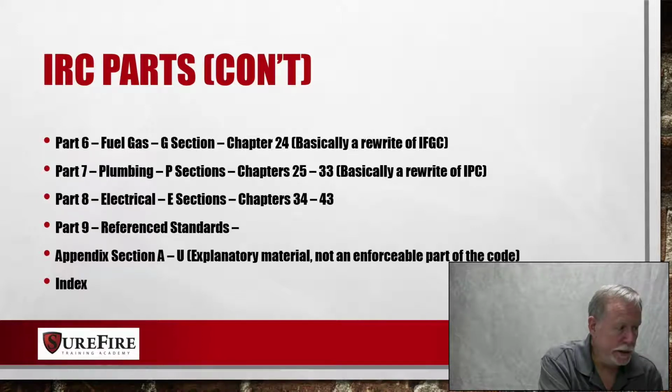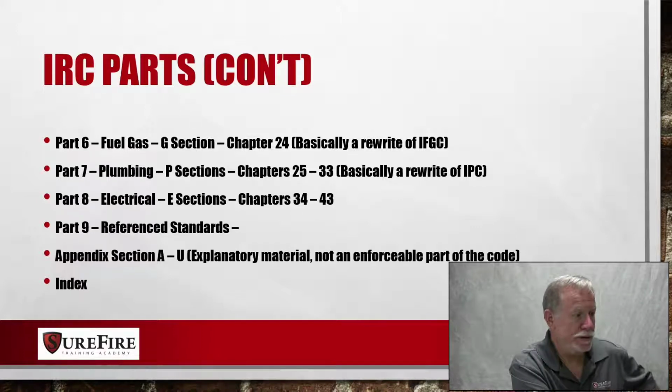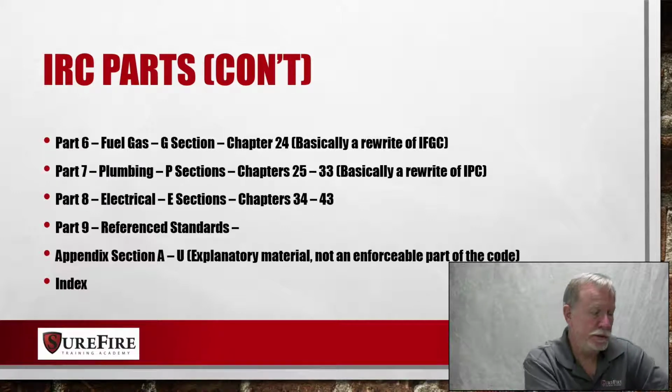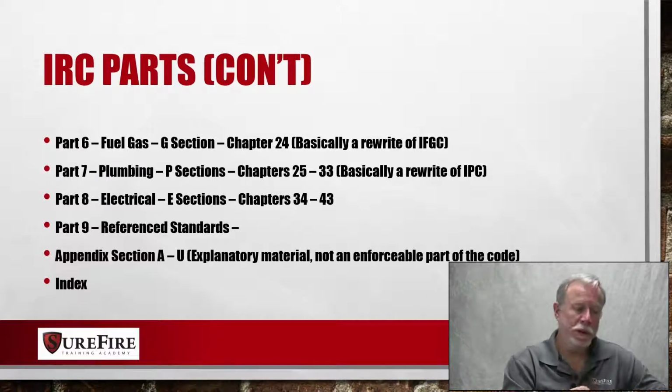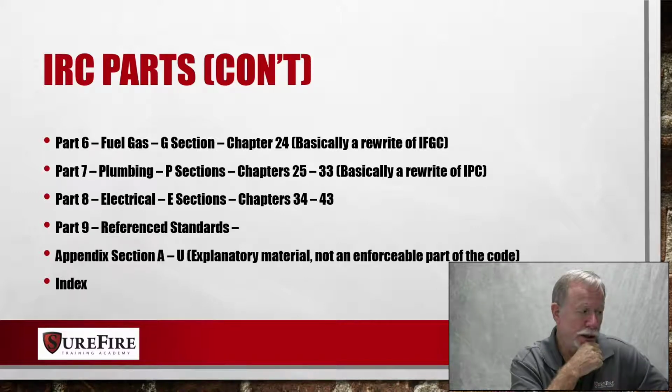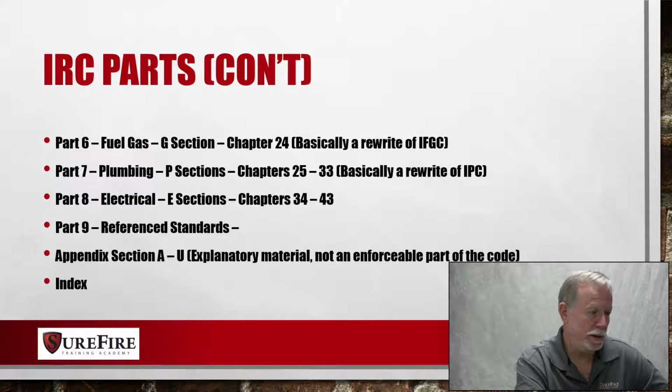Part 9 is a list of all of the reference standards. And then there is an appendix. Keep in mind that appendix information is non-mandatory text. It's basically information that will help you understand the requirements of the code, but there cannot be any mandatory requirements within the appendix.